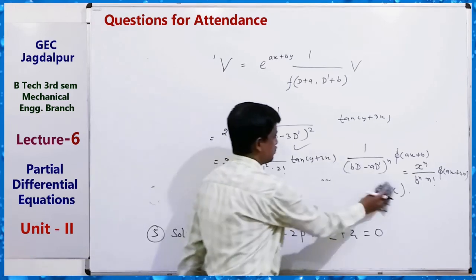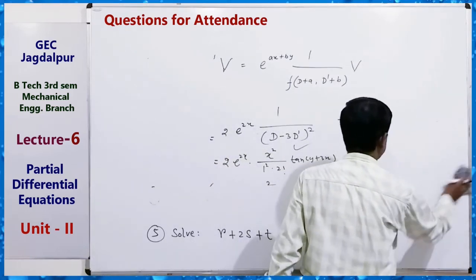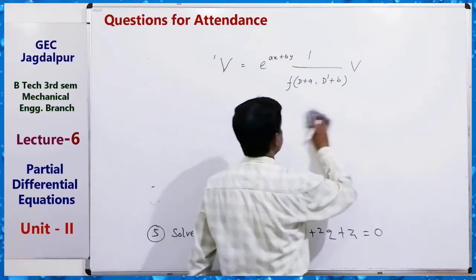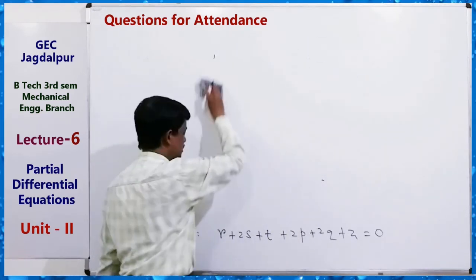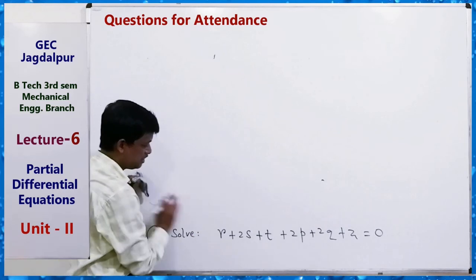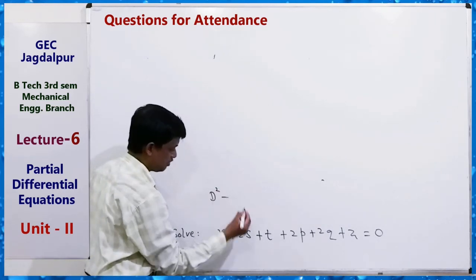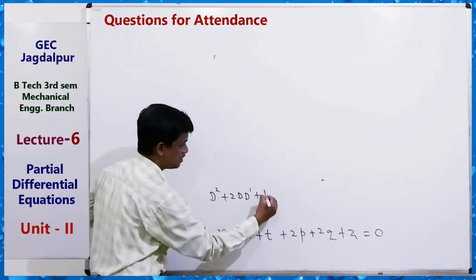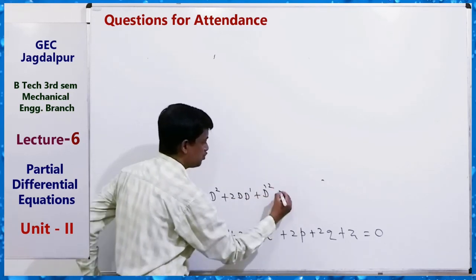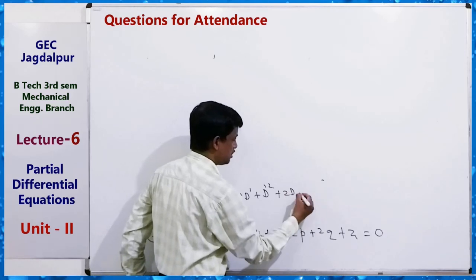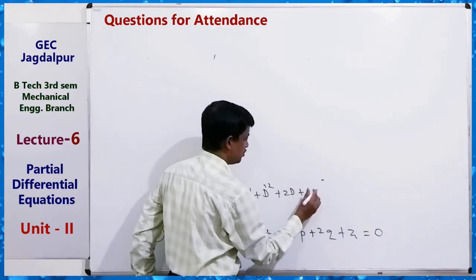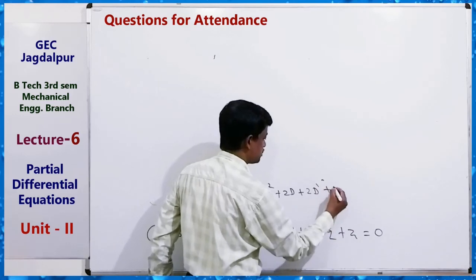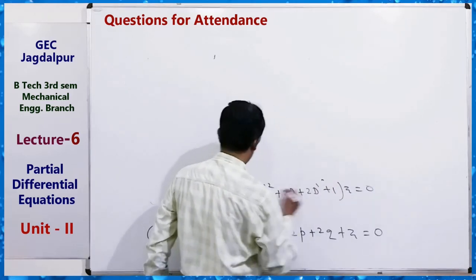Now the last question is what? A very simple question. You have to find only CF. So just write what? r means d square, plus s means 2 d d dash, plus t means d dash square, plus 2p means 2d, plus 2q means 2d dash, plus 1 z equals to 0.